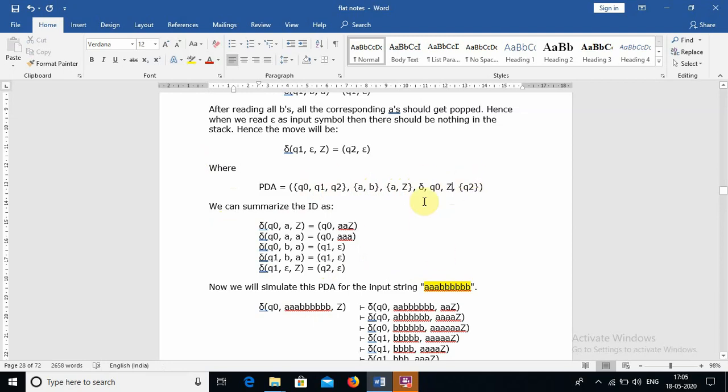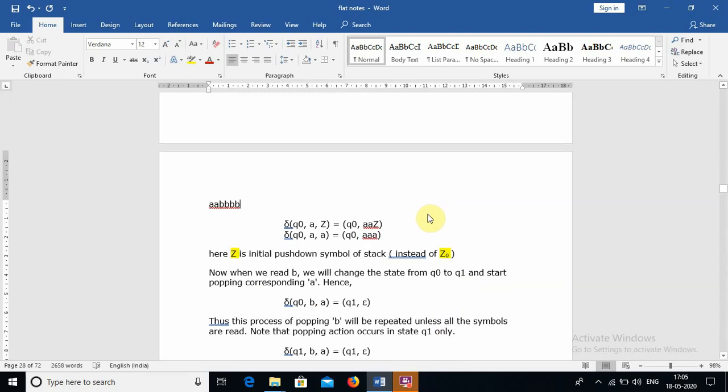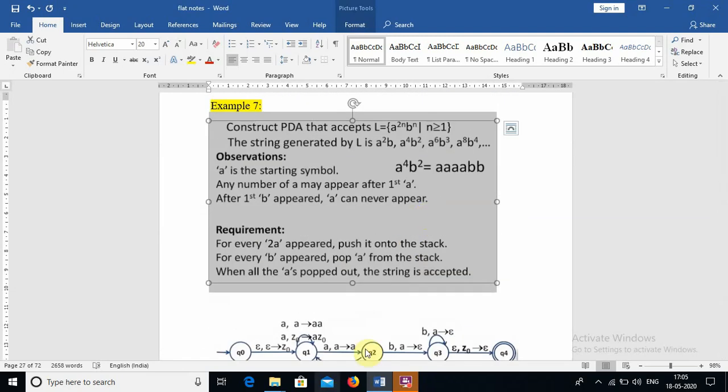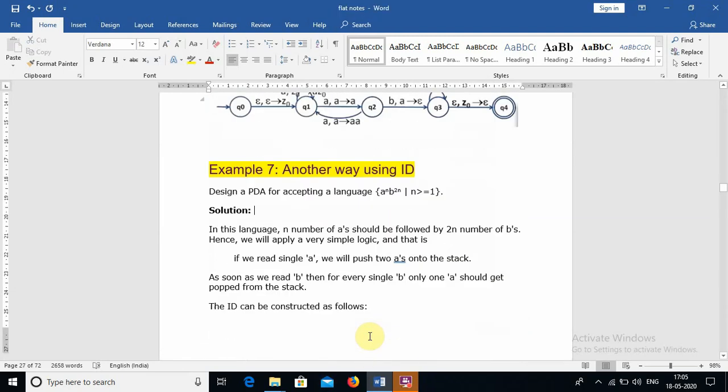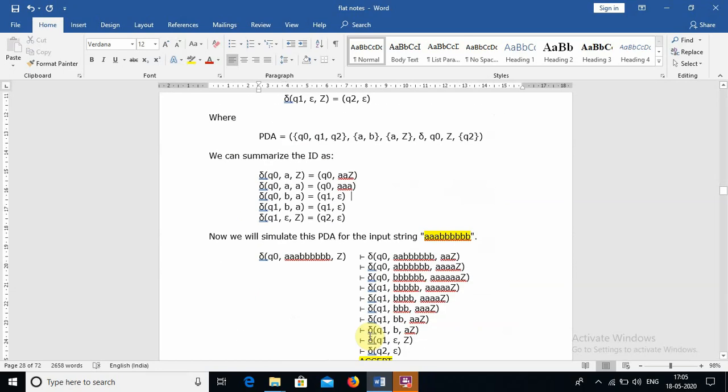Like a grammar, which consists of 4 tuples and the production rules, we can define a PDA by the graphical notation like this diagram, or else by the formal definition.